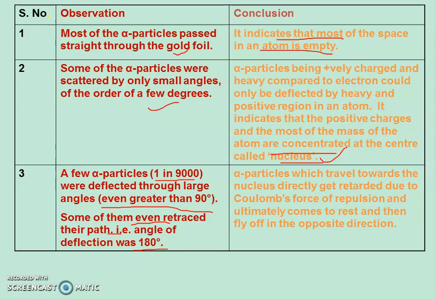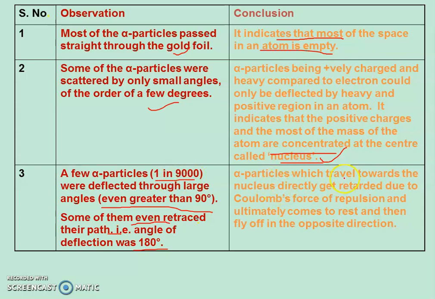Since very few particles are deflected by 180 degrees, and most of the particles pass through at small angles, it means there should be a positive center. The entire positive charge and almost the entire mass is situated at the center of the atom, which is called the nucleus.